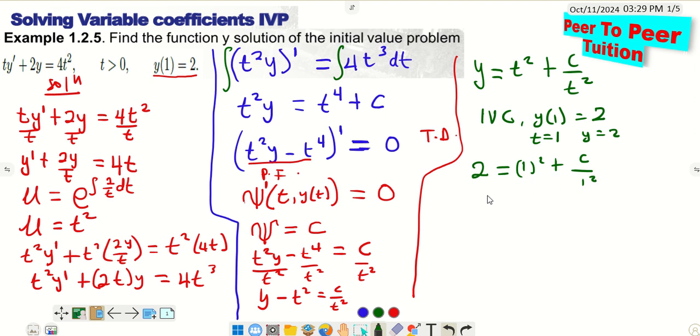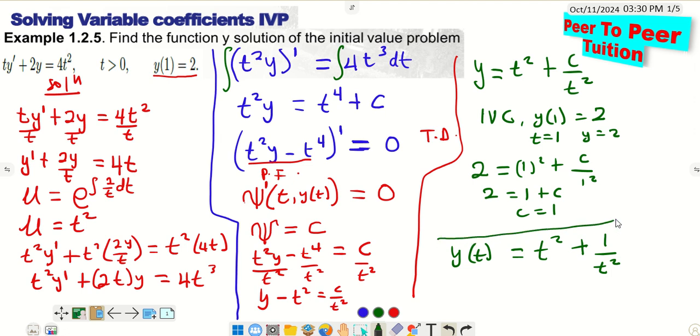So we have 2 is equal to 1 plus c, and c is equal to 1. So our c is 1, and we can substitute it there. So we have y of t, that is, y is a function of t, should be equal to t squared plus 1 over t squared. And that is the final answer.